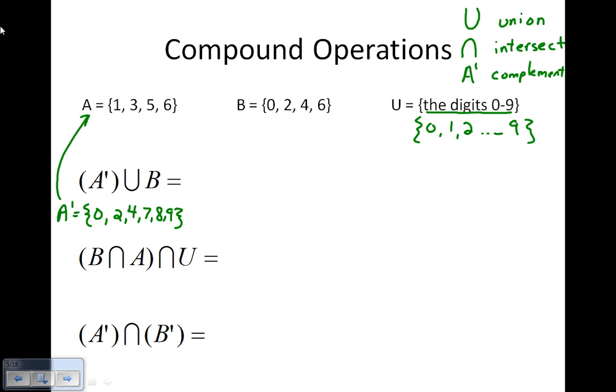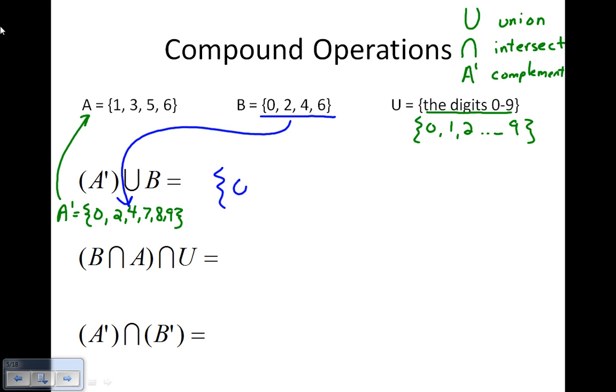Now we need to unite it with B. So A prime, or the complement of A, union B. Union means we need to include all of their members and create a larger set. So when we union this with B, we're going to get the result of all of their members. So we're going to add these members to the members I had before.